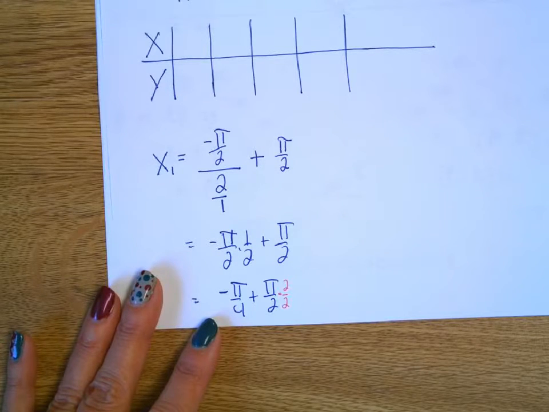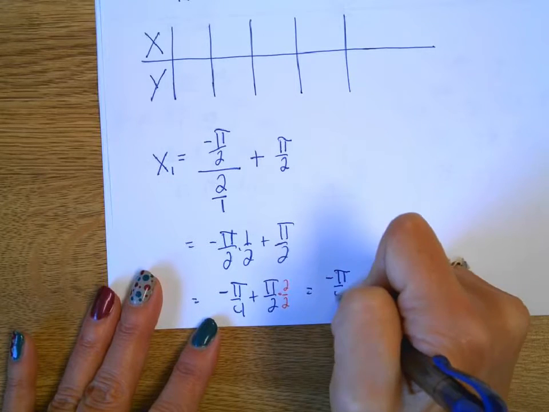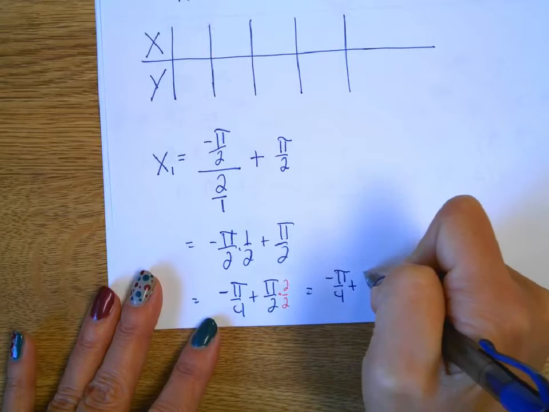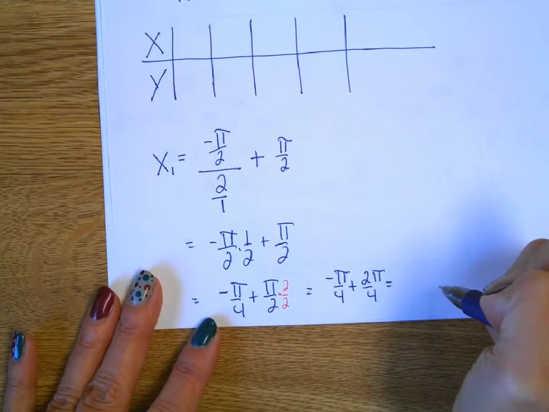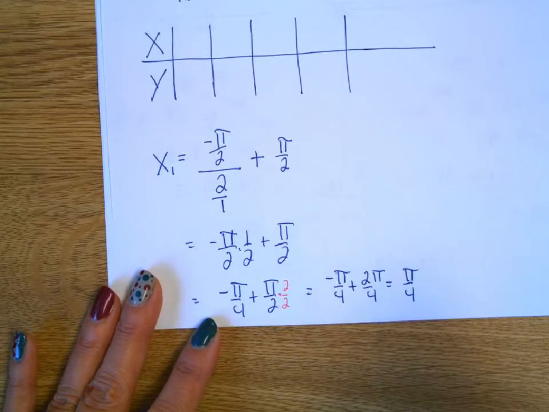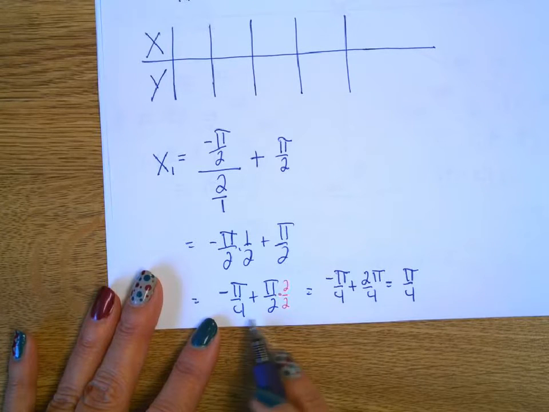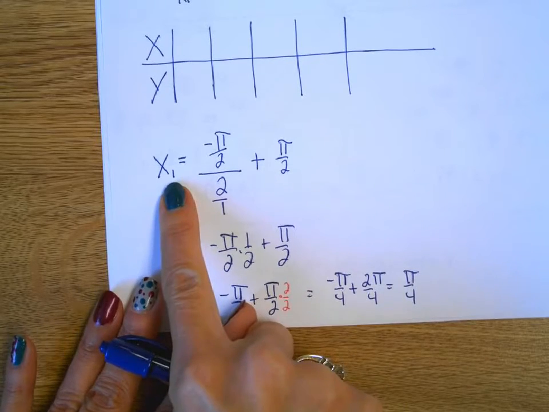So that will be negative pi over 4 plus 2 pi over 4, which is positive pi over 4, because I need a common denominator to add. So that gives us our starting x value.